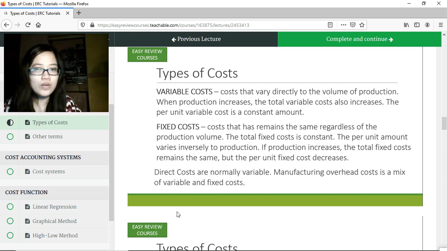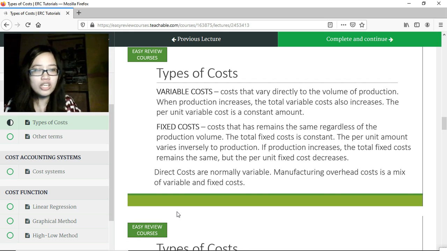And then we have itong tinatawag natin na fixed cost. Ito naman yung cost na the same siya regardless of production volume. Mag-produce ka man ng isang unit or 1,000 units, ang fixed cost mo is the same. Ang example nito ay rent. Okay? So, you have your factory, nire-rent nyo lang yung space, let's say 10,000 a month. Okay?